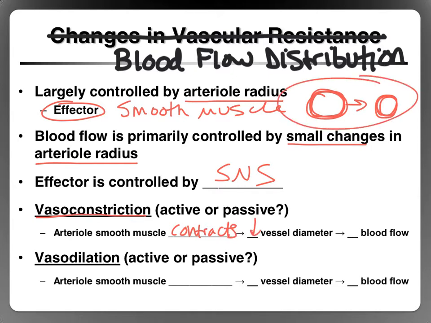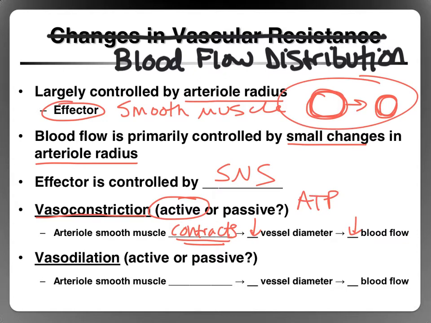That's what this is here. And therefore, that particular vessel is going to have less blood flow going to it. So whatever part of the body is receiving blood from that vessel is going to get a reduction in blood flow. And this is contraction, and so this is an active process because it uses ATP.